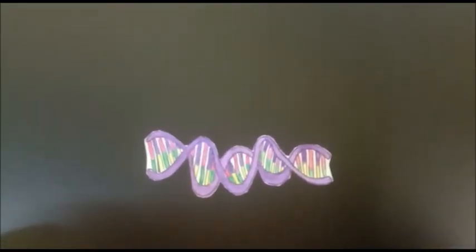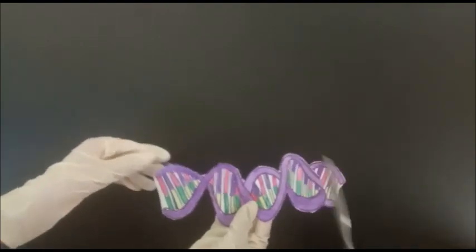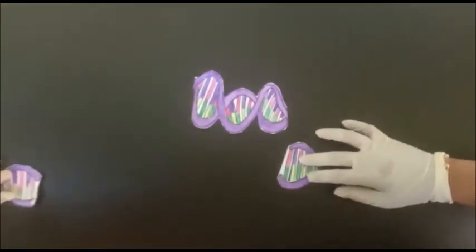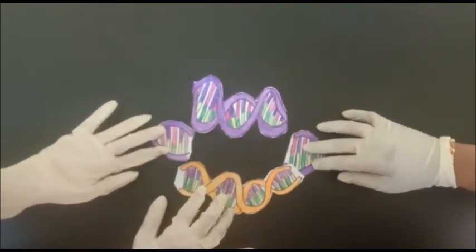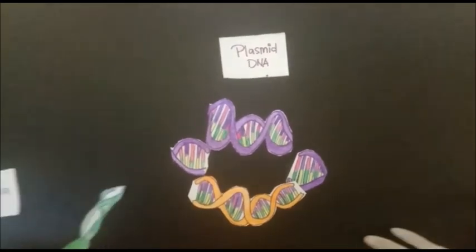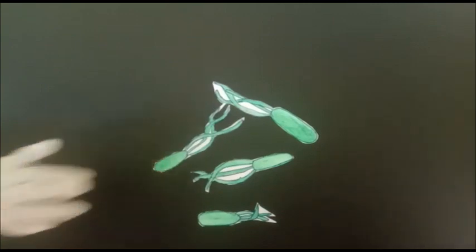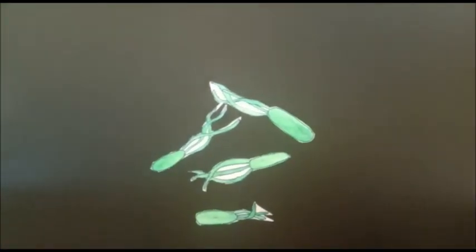Before we can sequence the DNA, it has to be cut up into smaller pieces that are inserted into a plasmid DNA and then put into bacterial cells. This makes it possible to produce lots and lots of copies of it as the bacterial cells multiply.